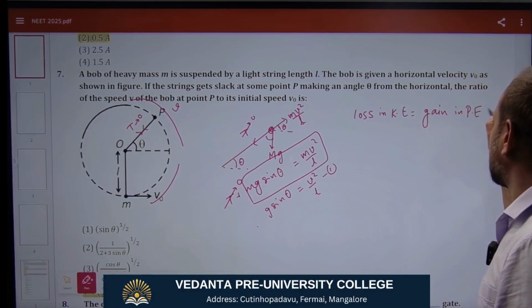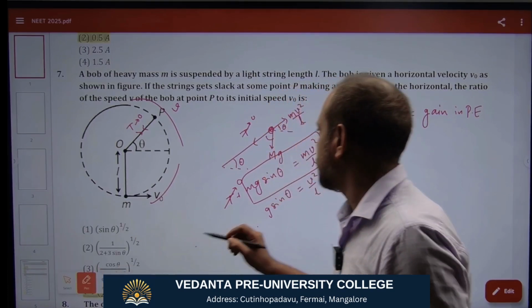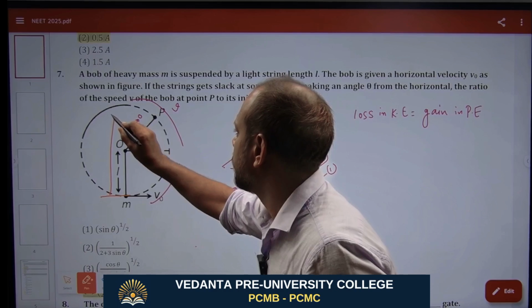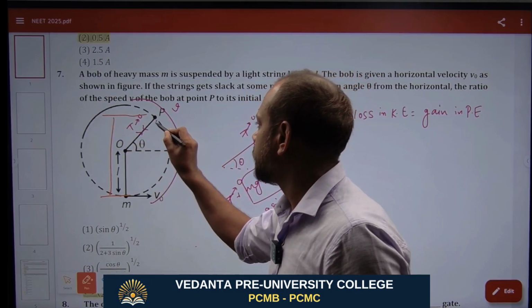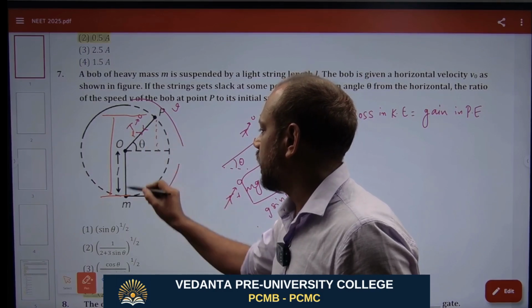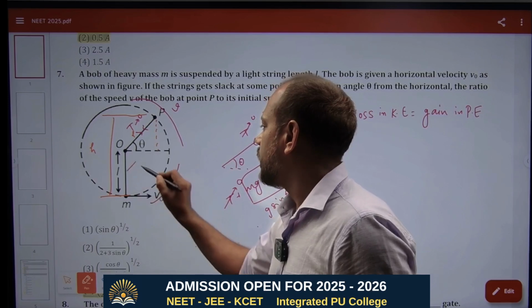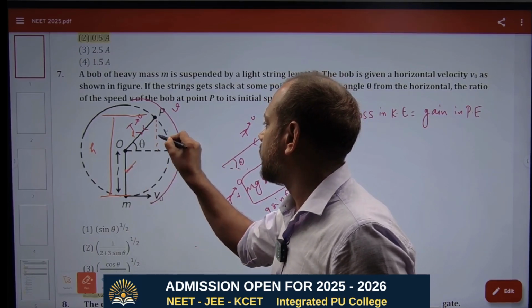As far as potential energy is concerned, you have to find the difference in height from here to here. As you can clearly see, this is theta, this length will be L sin theta, and this is L. So the total height h is L plus L sin theta, right?